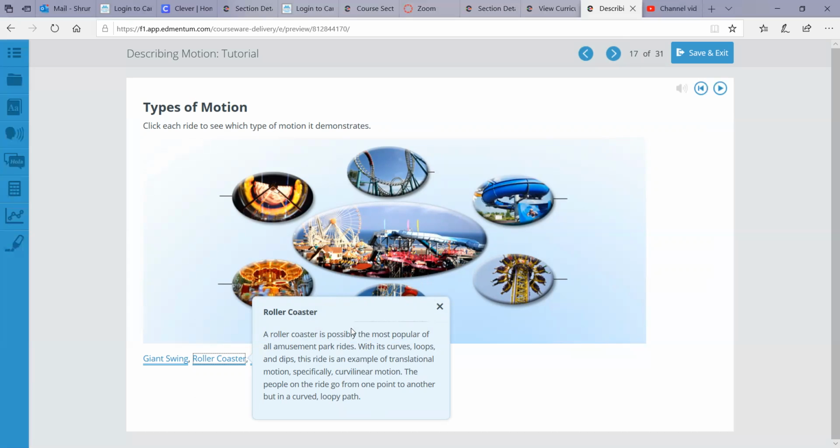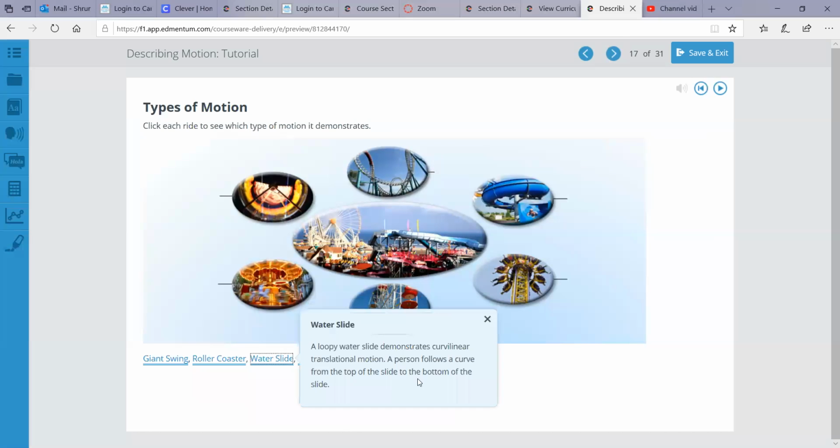It's, yeah, the most popular of all park rides. Curves, loops, dips. It's an example of translational motion, specifically curvilinear. And the people on the ride go from one point to another in a curved, loopy path.